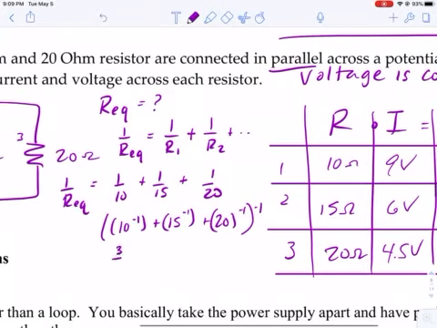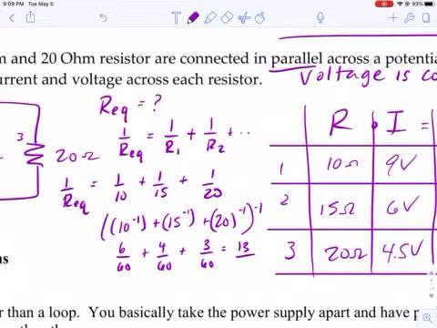If you're like me and you love a good fraction, you could also do 6/60 plus 4/60 plus 3/60 equals 13/60.